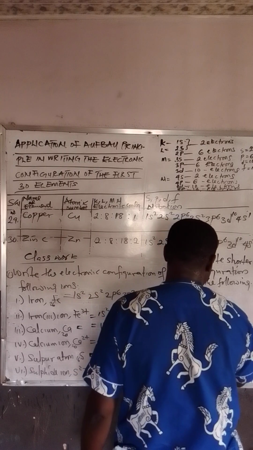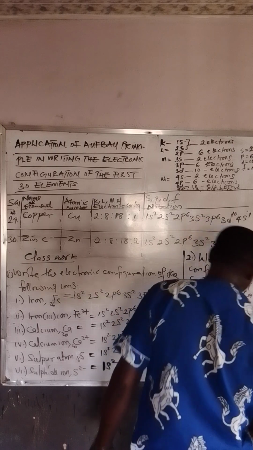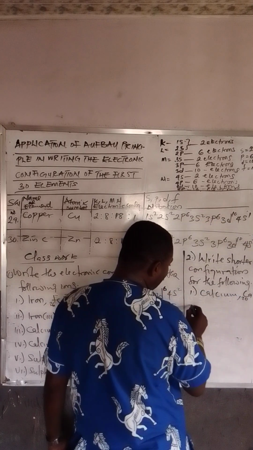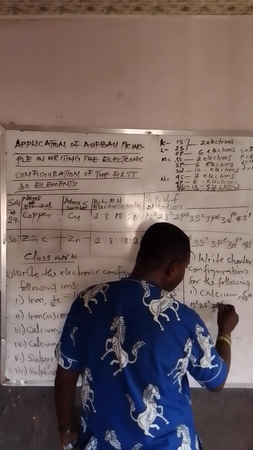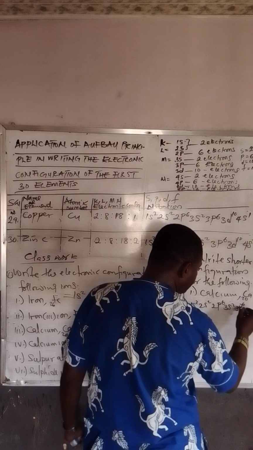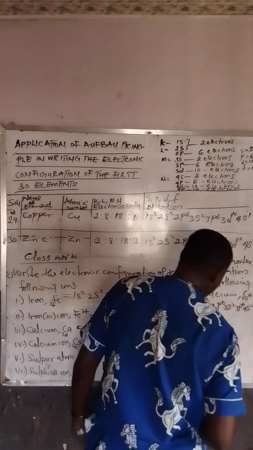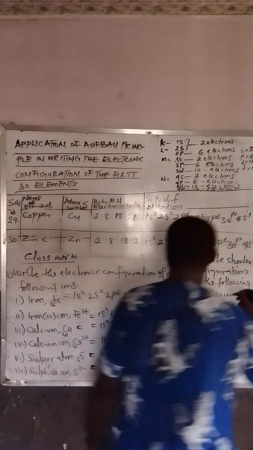Number 1, calcium, Ca20. Shorter configuration. Calcium is supposed to be 1s2, 2s2, 2p6, 3s2, 3p6, 4s2. But shorter, you now locate noble gases, the noble gases we used to have.